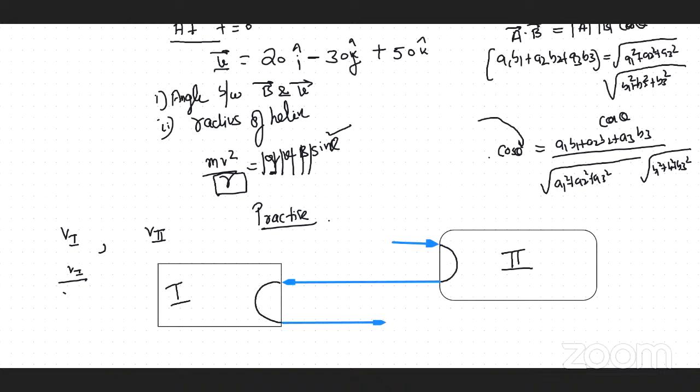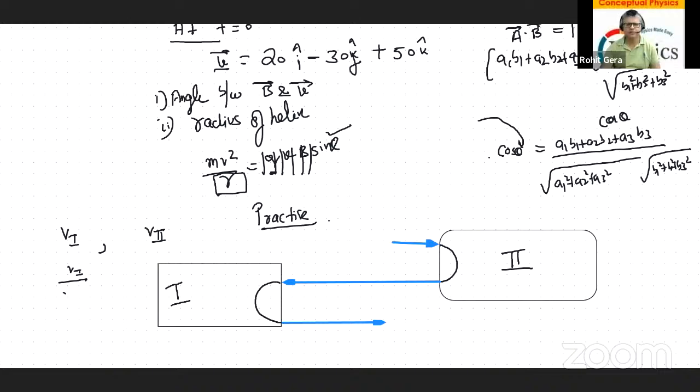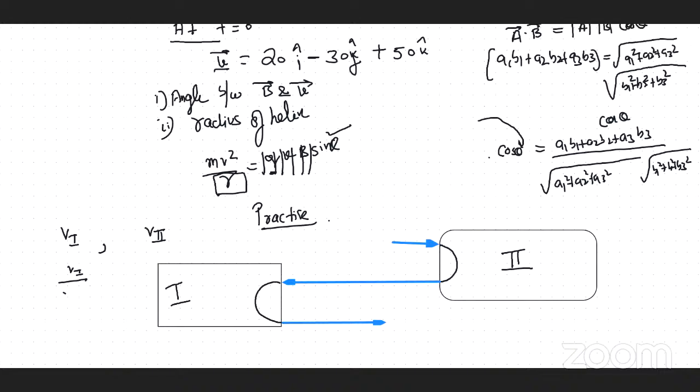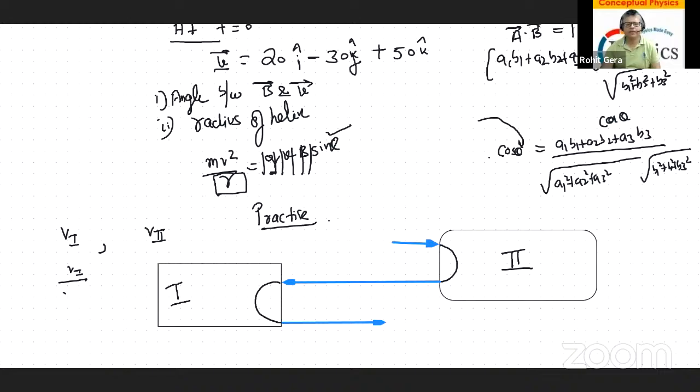Right. But what is the relationship between these two, V1 and V2? No, the velocity never undergoes a change because no work is done throughout this. Centripetal acceleration is not capable of changing the velocity magnitude. So no work is done. Therefore, v1 is equal to v2.